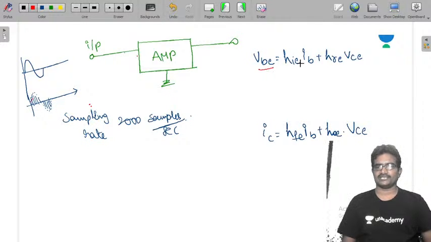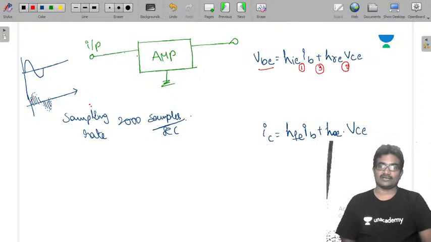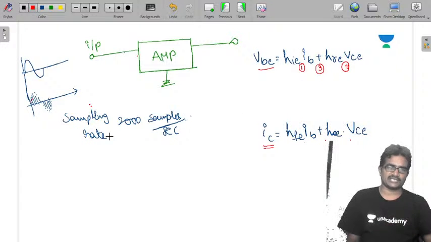To get input voltage, you need to go for one multiplication, second multiplication, and third one is addition. 3 calculations it has to perform. Similarly, at output side also it has to calculate 3 computations. Total 6 calculations. So 6 calculations has to perform for each sample.